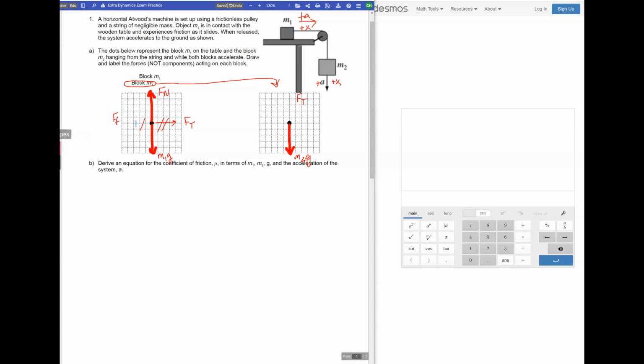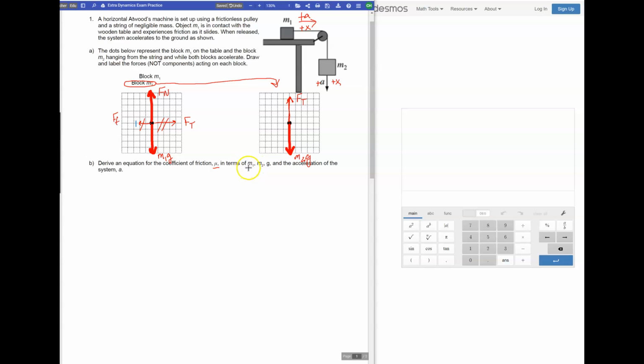Let's make it go to right here, so that'll be better. So now this one is only 4 long, this one is 2 long, and that's my force of friction. And then M2g is bigger than F_T, so this one's a little more complicated than what we were doing before.